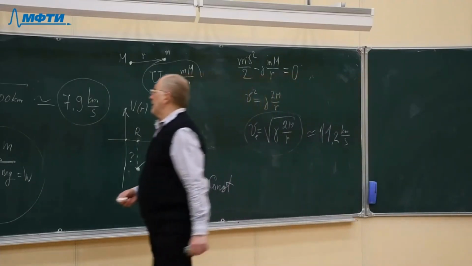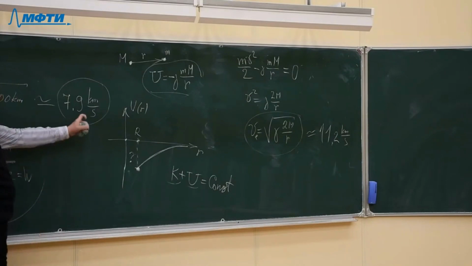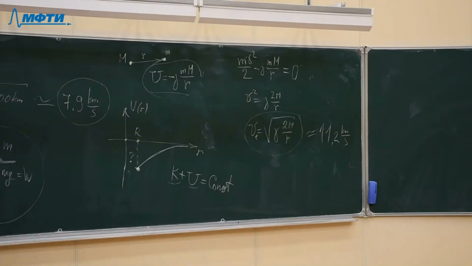So, if the velocity of the body is smaller than the orbital velocity, the body will fall on the surface of the planet. I will again show you this picture when we launch spaceships and space vehicles from a high mountain.